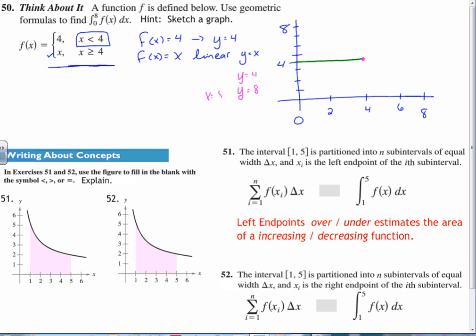When x equals 8, y equals 8. So we get this linear function that's going to connect between (4, 4) and (8, 8). So the integral is going to be represented by the area that falls within that space.